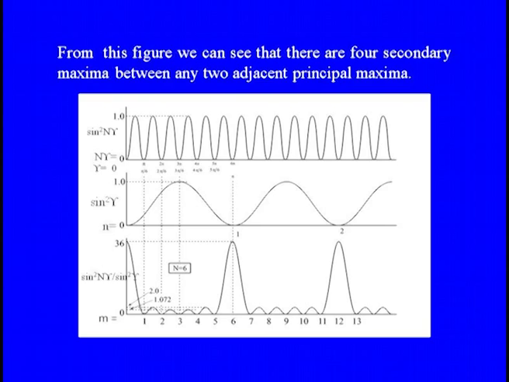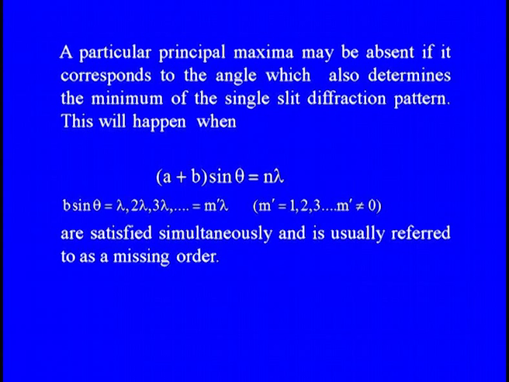This will happen when (a plus b) sin theta equal to n lambda and b sin theta equal to m prime lambda, where m prime is equal to 1, 2, 3 and so on, but m prime is not equal to 0, are satisfied simultaneously, and is usually referred to as a missing order.